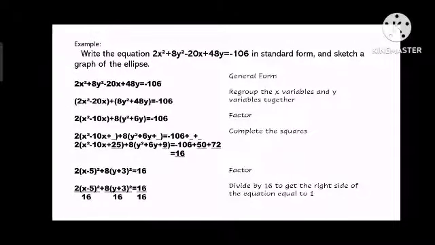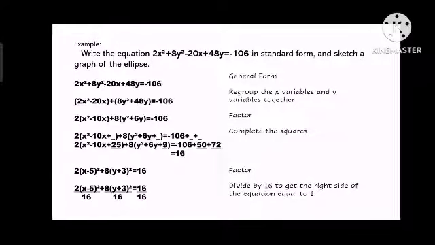This equation is an example of an equation of an ellipse in general form. And so, to transform this to standard form, first we have to regroup the x variables and y variables together. So, when we regroup the x variables and y variables, we will form 2x squared minus 20x plus quantity 8y squared plus 48y equals negative 106.